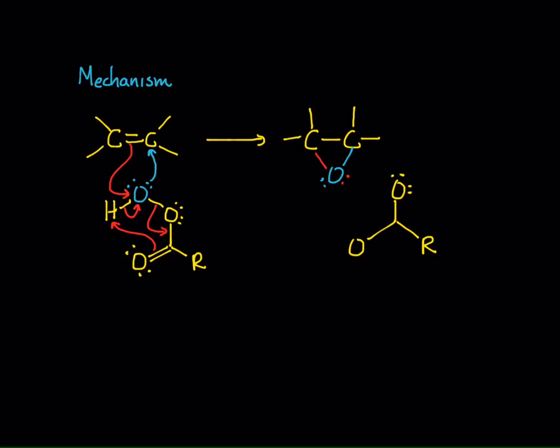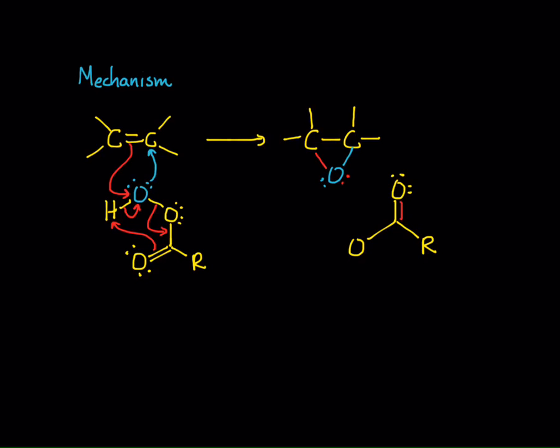And then I have the result of what's left over on my peroxy acid. So let's think about what happened here. The oxygen has two lone pairs of electrons that weren't involved in anything, and it also created a new pi bond, right?